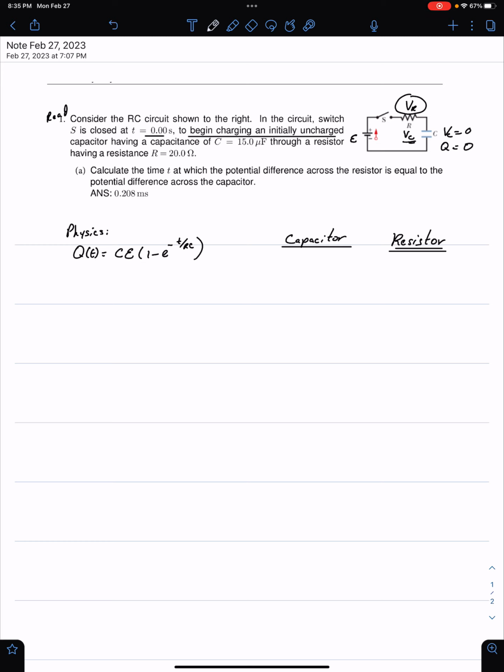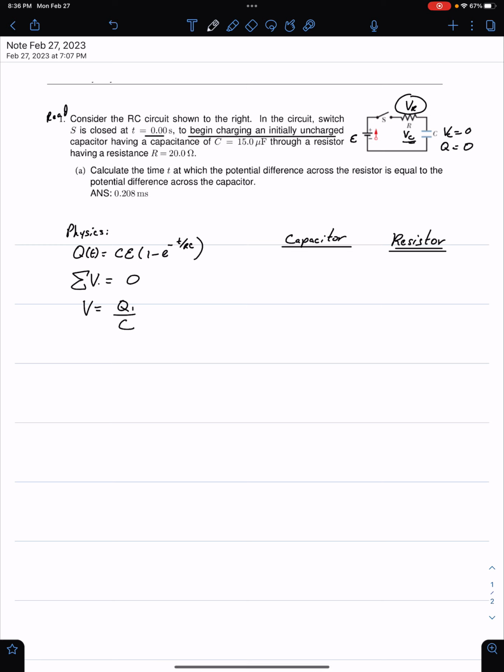Kirchhoff states that if we have a closed loop, the summation of the change in electric potential across the whole circuit will equal 0. Okay? So we have that. We also have that the voltage is equal to Q, the overall charge, over the capacitance.